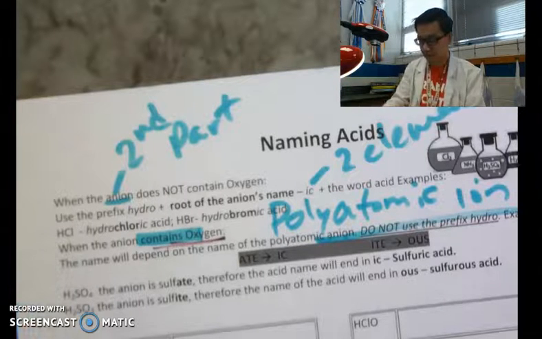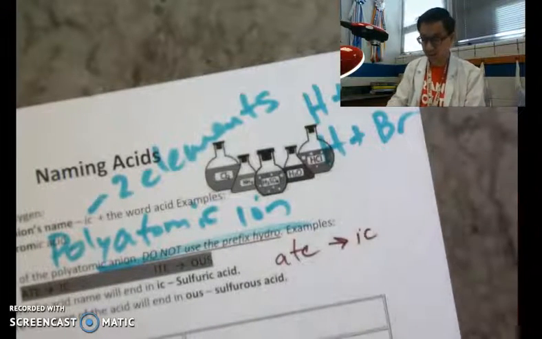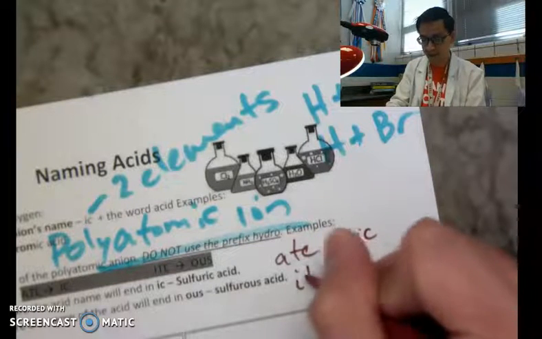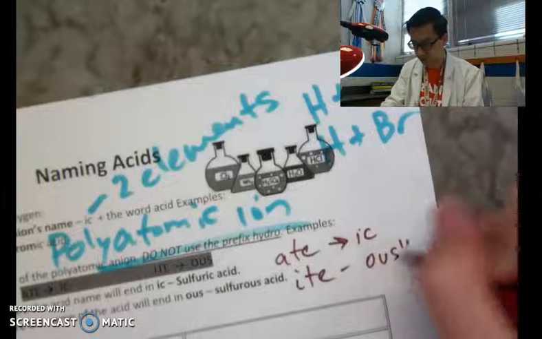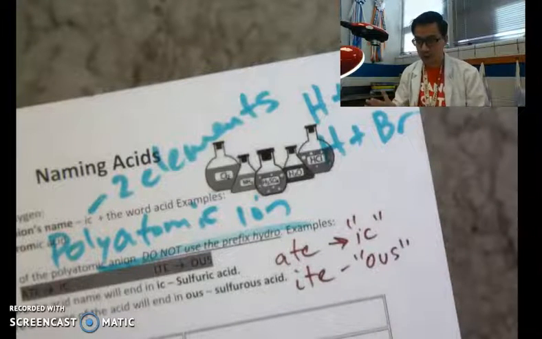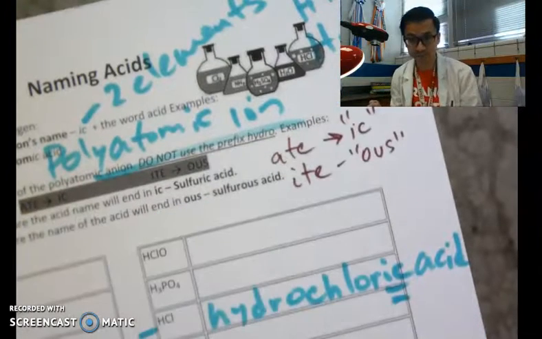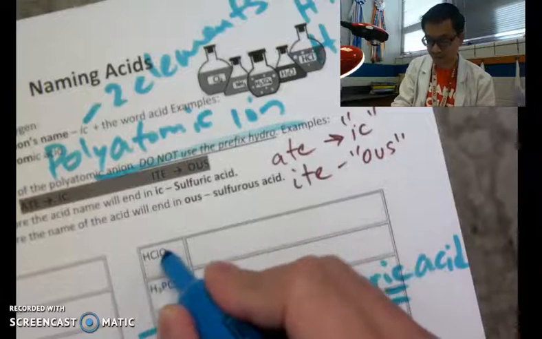If the polyatomic ion ends with ate, you change it to ic. When a polyatomic ion ends with ite, like nitrite, it'll be nitrous. Change the ending to ous. If it's nitrate, it'll be nitric. On these, there's no hydro. No hydro. For example, this first one over here, HClO.